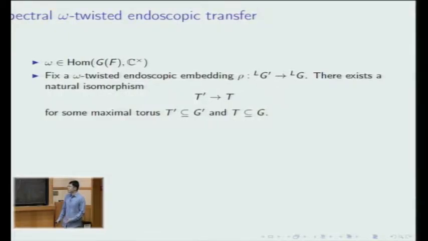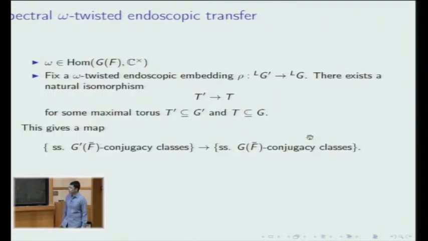But you see, the problem is that not every conjugacy class will intersect T prime in non-empty elements. So what you have to do is go to the F bar conjugacy classes.